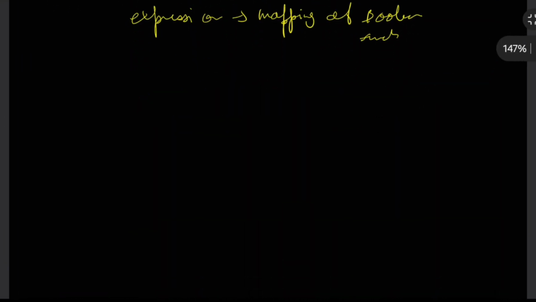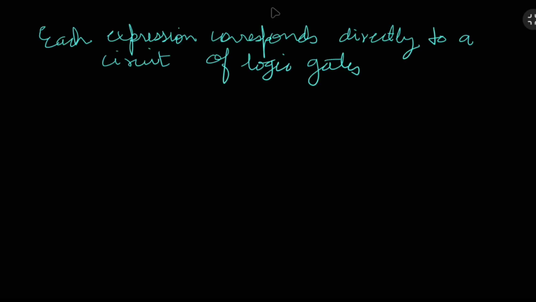And one more thing is that every expression corresponds directly to a circuit of logic gates. For example, if you have any expression, then you'll have a gate combination for it. We have already seen this in the first lecture. You can watch lecture number 1. So for example, this is your expression on two variables a comma b, and your expression is a complement plus b.